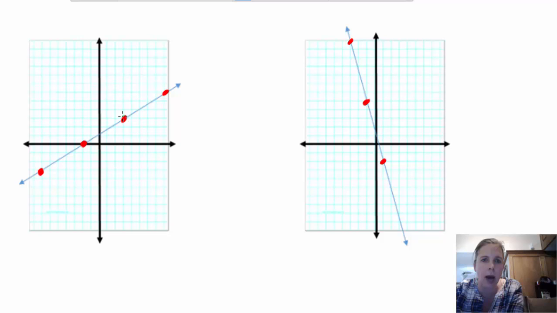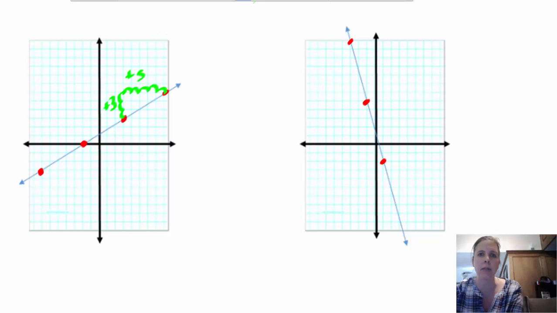We're going to go up 1, 2, 3. So that's up 3. And then we're going to the right, 1, 2, 3, 4, 5. You're just counting over. And remember, to the right is 5.